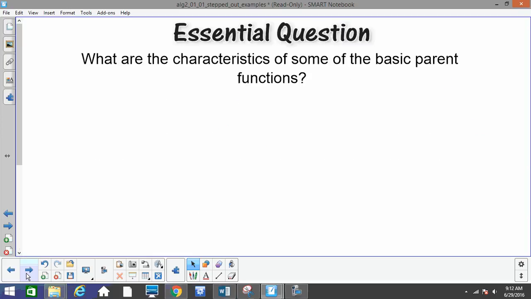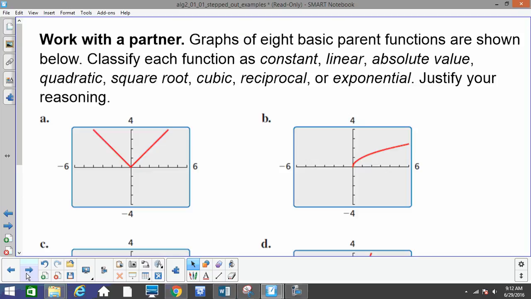So today we're going to be looking at the characteristics of some of the basic parent functions. This was supposed to be kind of a work with your partner. However, I'm just going to go through and tell you which one each is. A is an absolute value. B is a square root.